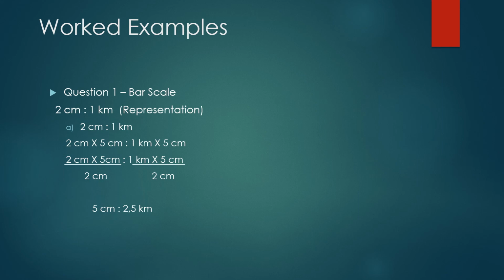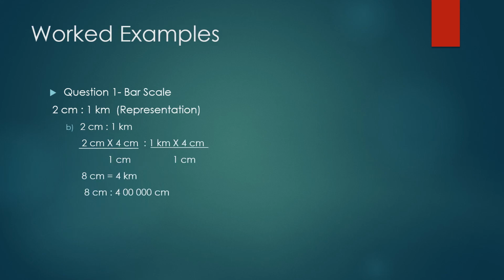So we multiply both sides by 5 centimeters and divide by 2. Then on the left hand side we are left with 5 centimeters, which will represent, when you use the calculator, 2.5 kilometers.